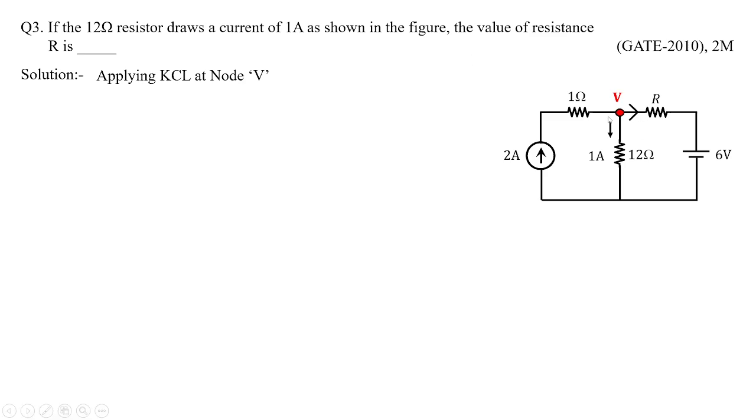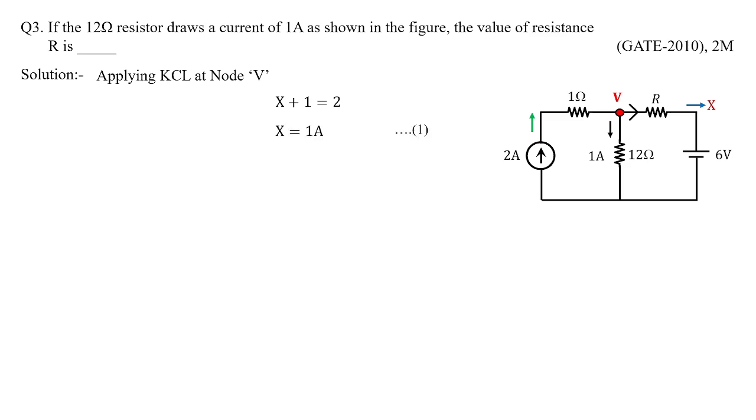I'm identifying a node V, because a node is a point where all the branches are connected. All these branches are connected to a common high point, that is the voltage V. I'm going to see the current which is incoming and outgoing. 2 amperes is incoming, 1 ampere is outgoing, and let us take X as the outgoing current. With that, I'm going to get the value of X as 1 ampere.